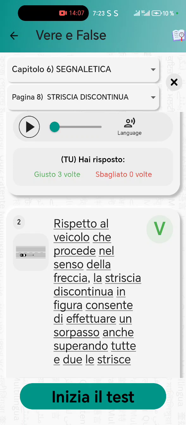It says la striscia discontinua in figura consente di effettuare un sorpasso anche superando tutte e due le strisce. Of course, guys, they tell you now, this line now, this linear continuum, discontinuous.